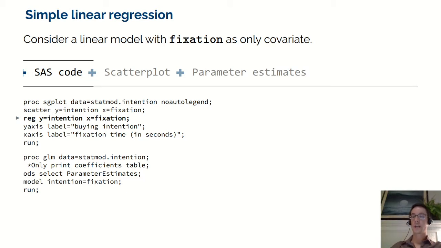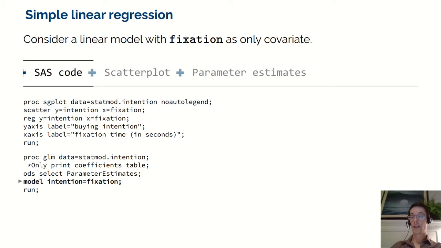So ODS select parameter estimate, I found the name by using the trace. So if you've looked at the video, we have an example of how to use ODS trace on and trace off to see the name of the different tables, and this allows you to extract a particular one. So the syntax for our GLM, you specify the model.